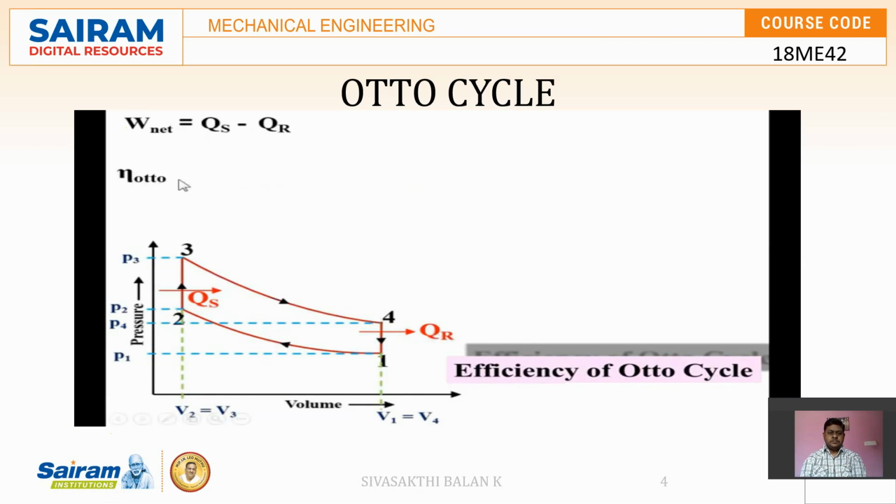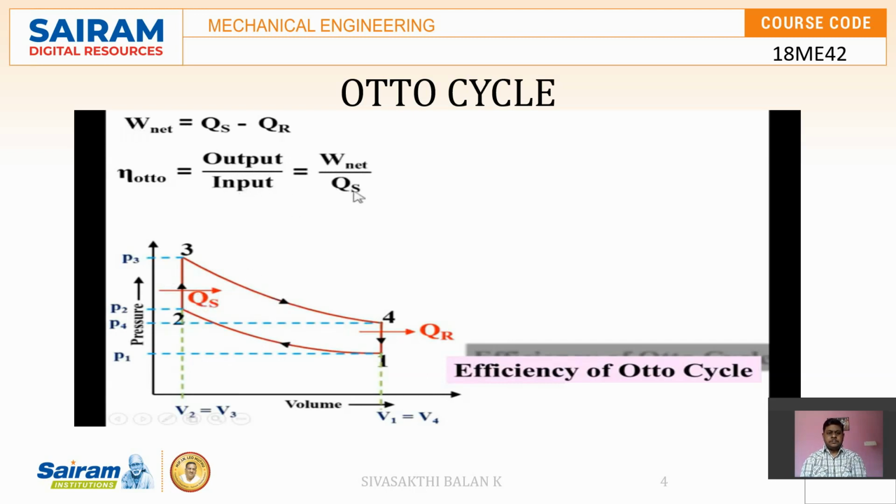So you can say the efficiency of the Otto cycle is equal to output upon input. That is, in general, the efficiency of any cycle. And what is the output during the cycle? That is the net work done. So it is equal to W net upon heat supplied, that is your input.